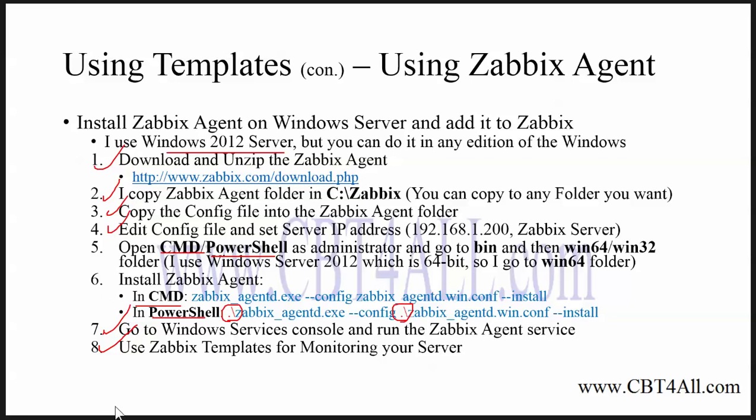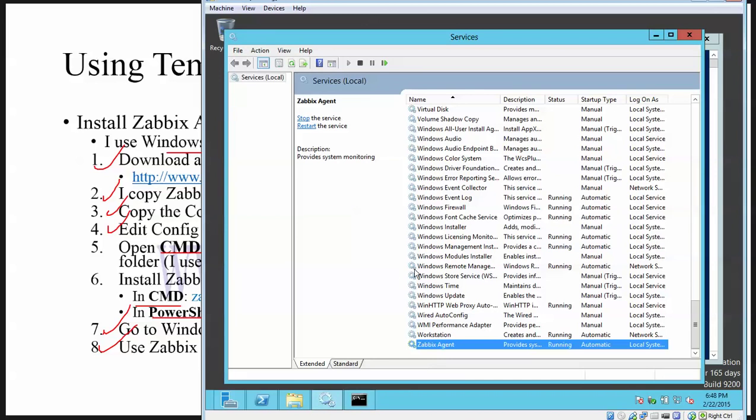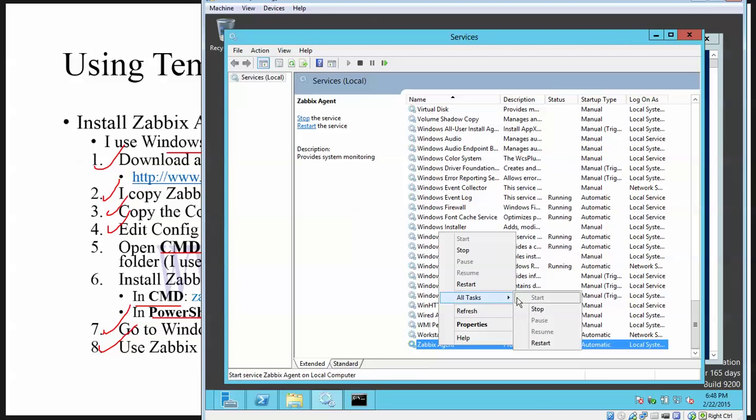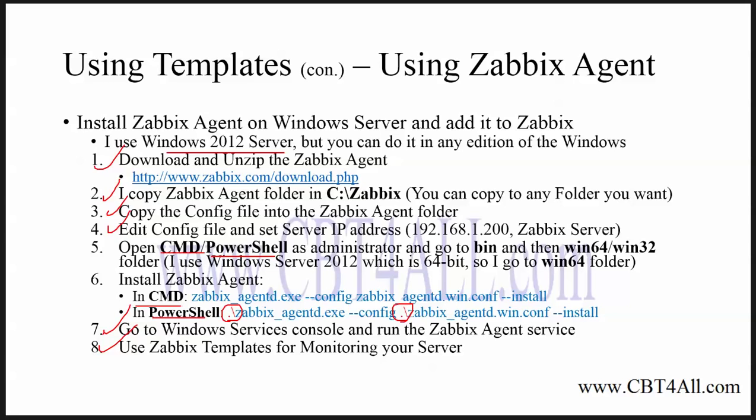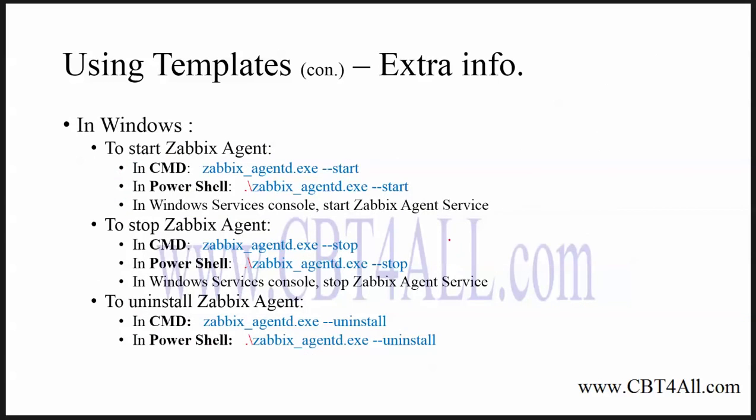We've done this one as well, but anyway, if you want to use the Microsoft Service Console, you can use this for stopping, restarting or starting the Zabbix Agent service on Windows. But if you want to use command prompt or shell, as I mentioned, you can use these commands for starting the service.